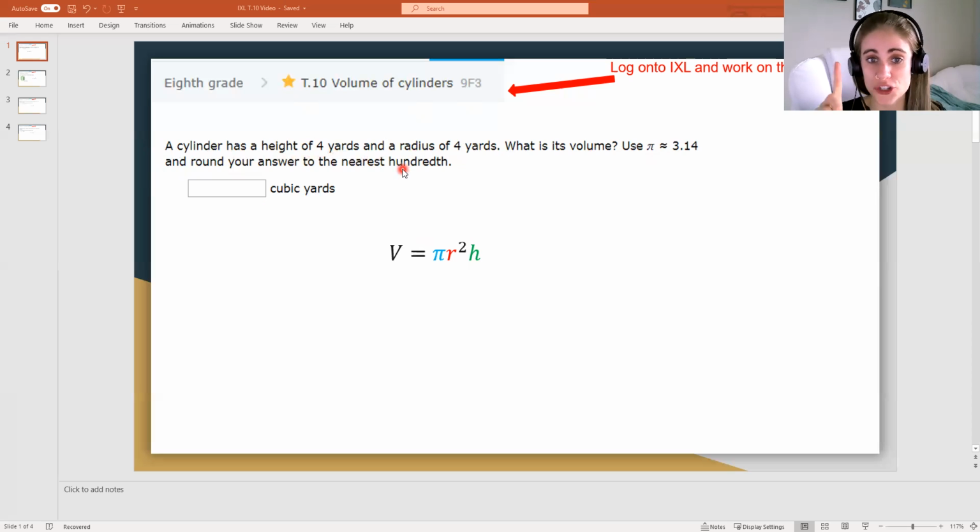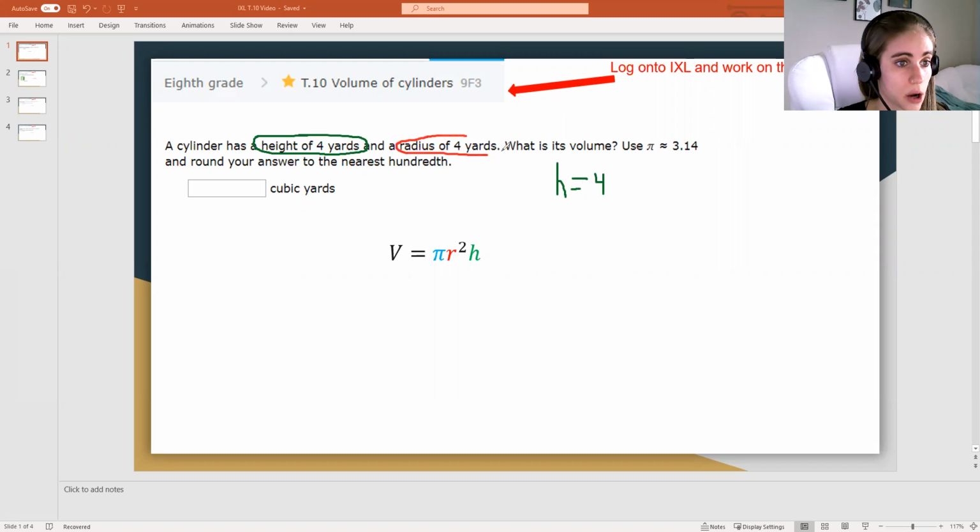All right, our first step is we want to identify what information we have been given. And I see here that we have been given a height of 4 yards. So our height is 4. Our radius also happens to be 4 yards.